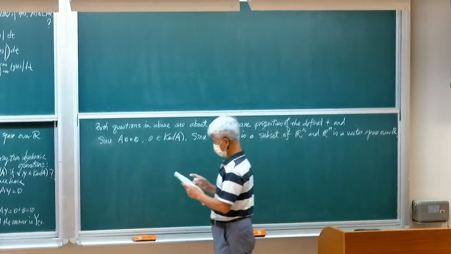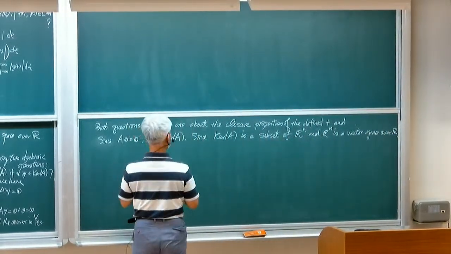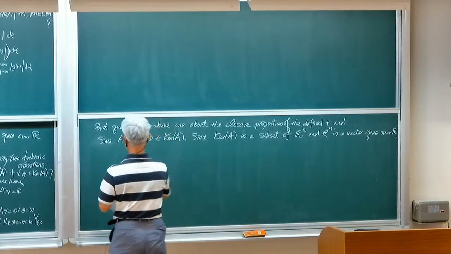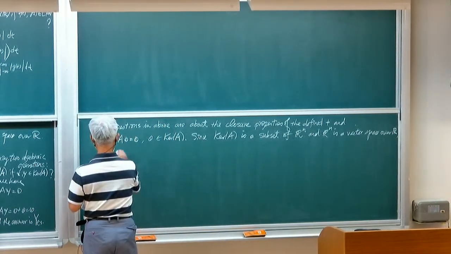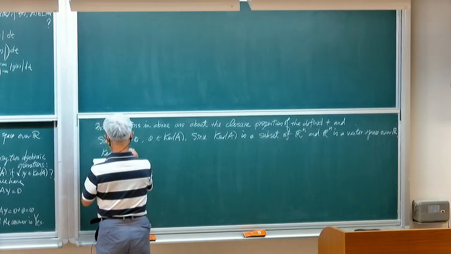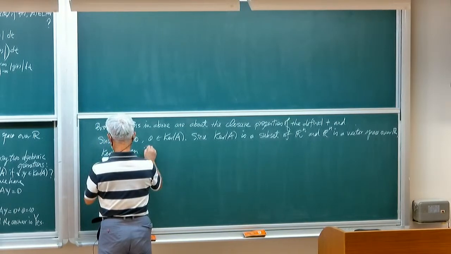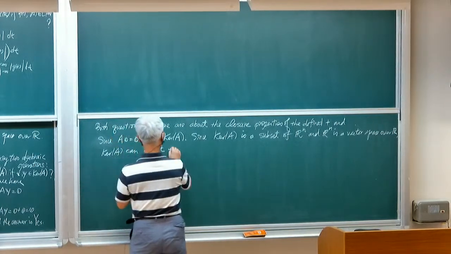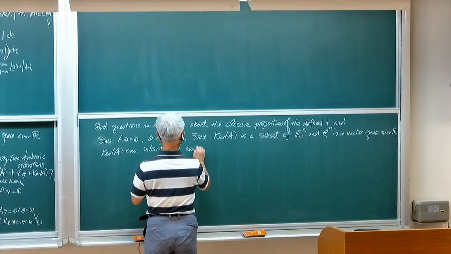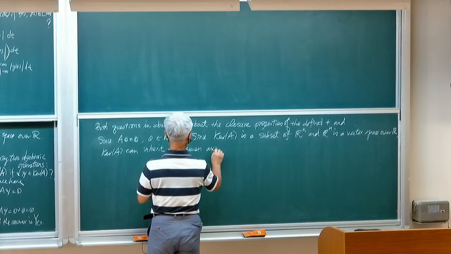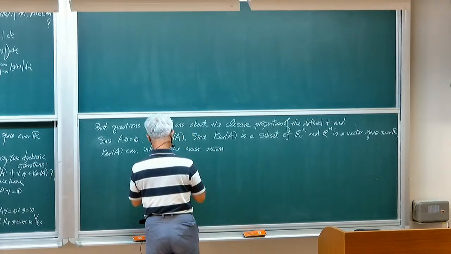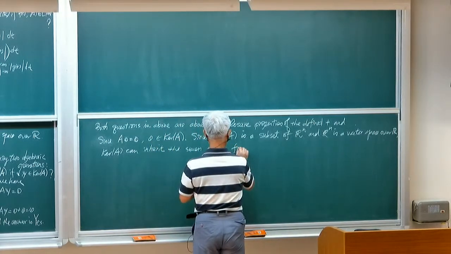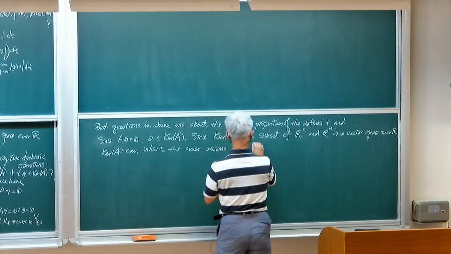So the kernel of A can inherit the 7 axioms from Rn.